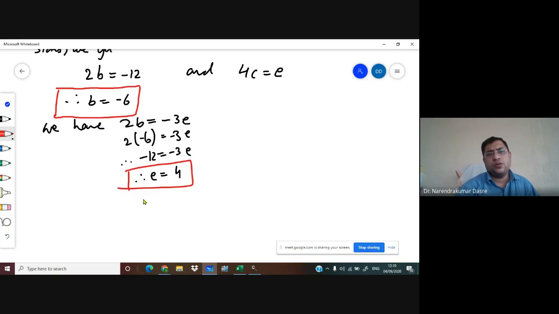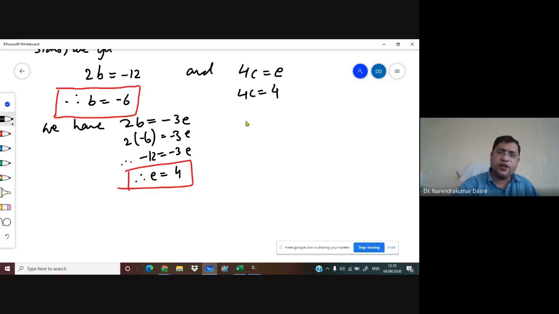Now consider this equation. So this is 4c is equal to e, which is 4.